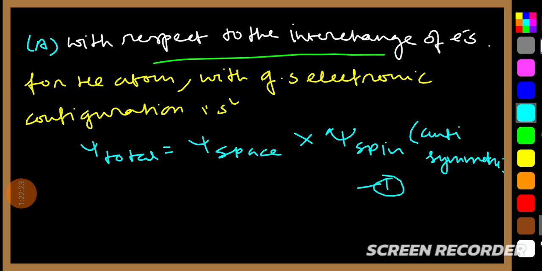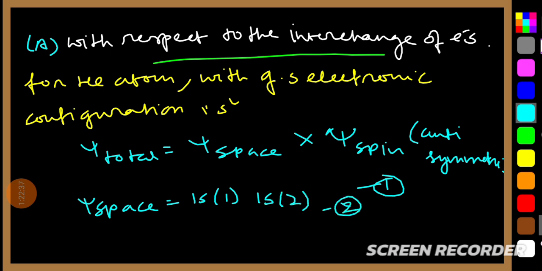Okay, next equation: psi spatial part should be 1s1 and 1s2, right? This is the second equation. Now, interchanging electrons, you interchange the electrons and see what happens.